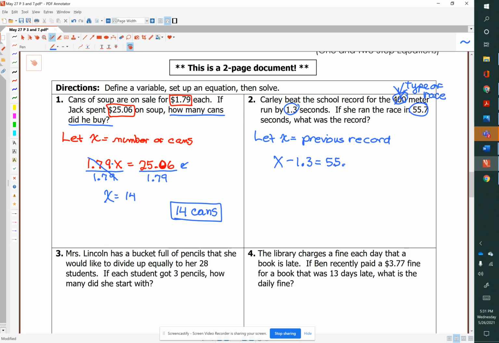equals 55.7 seconds. So the previous record had to be longer. So let's solve this equation. What is happening to x? Well, 1.3 is being subtracted. So if I want to isolate x, I have to add 1.3, and whatever I do to one side, I do to the other side of this equation.